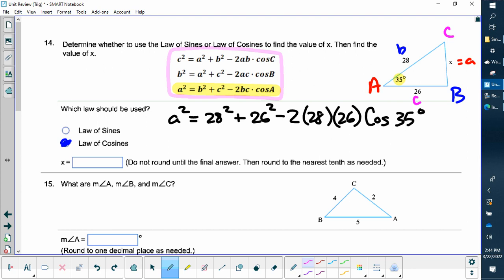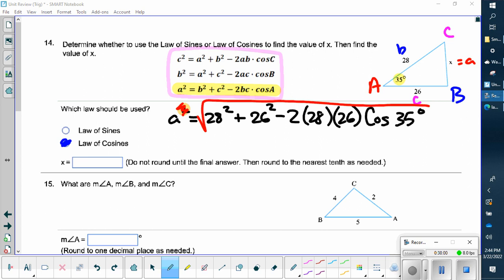Now, I do have to get rid of this, so I like to type in one shot in my calculator, and the opposite of squaring something is square rooting. So I'm going to do one huge square root over the whole thing. So let's type that in.